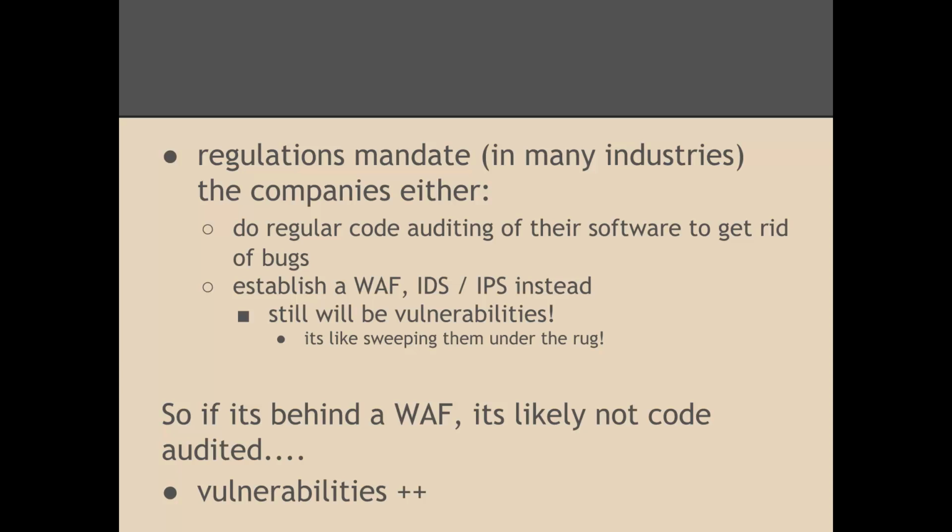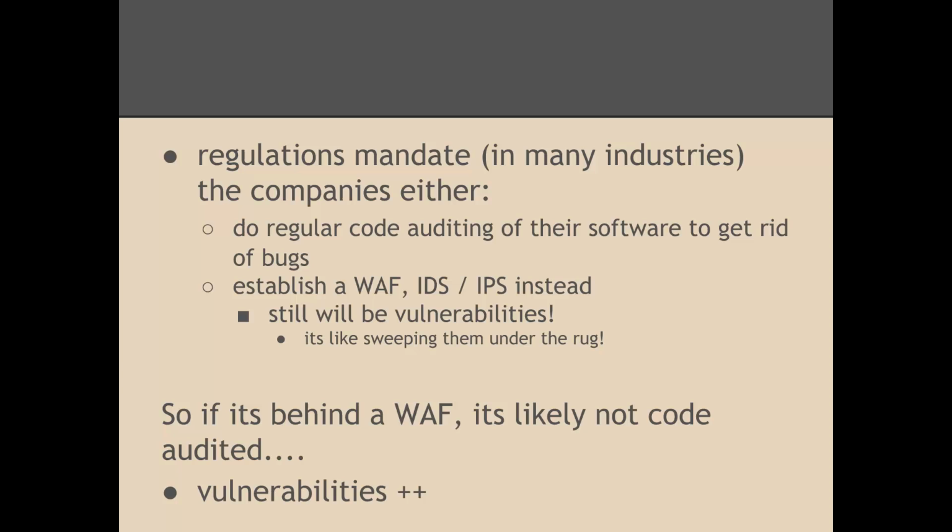So that means weekly, bi-weekly engineering meetings where you're poring over your source code, looking for bugs, which an hour every week of, say, 7 to 12 engineers may cost a lot of money compared to simply buying a web application firewall, setting up some sort of intrusion detection system, probably Snort, and then you don't have to do the weekly code auditing.